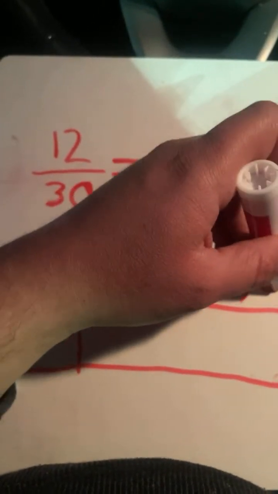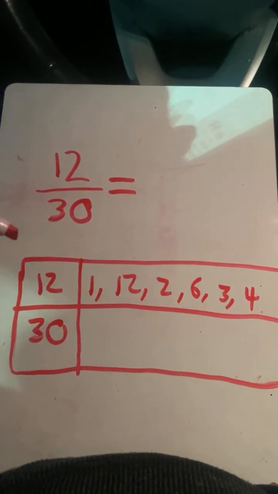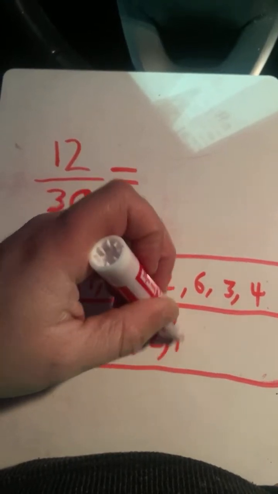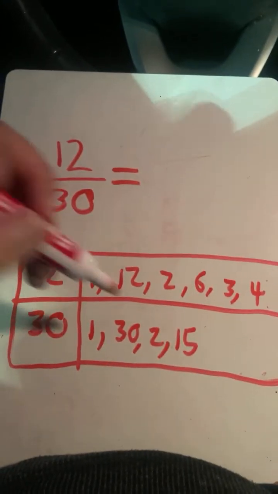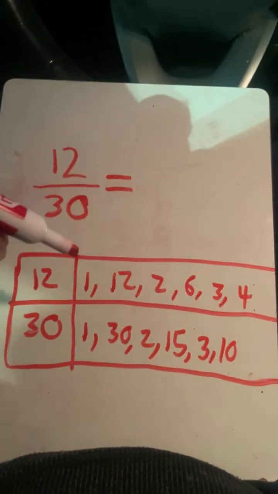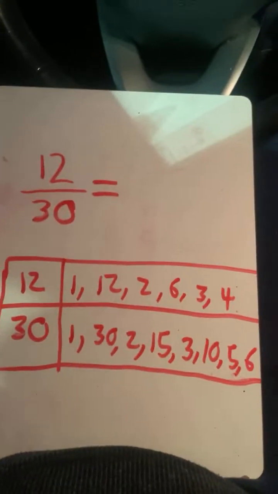We have 3 and we have 4. Now the factors of 30, 1 and 30, 2 and 15, 3 and 10, and lastly we have 5 and 6.